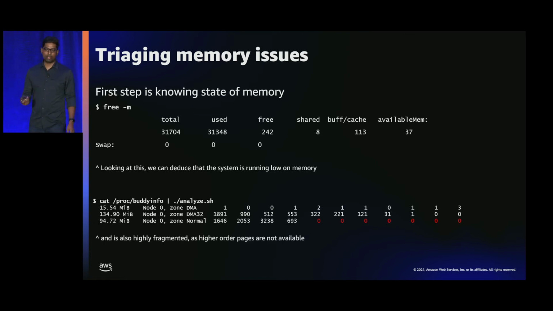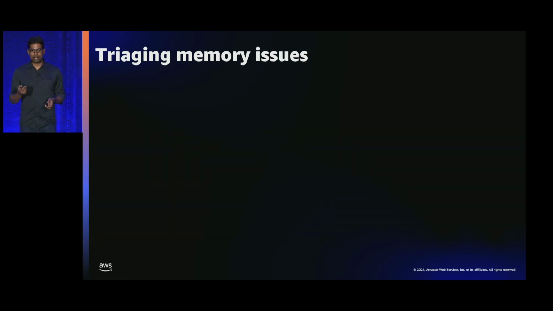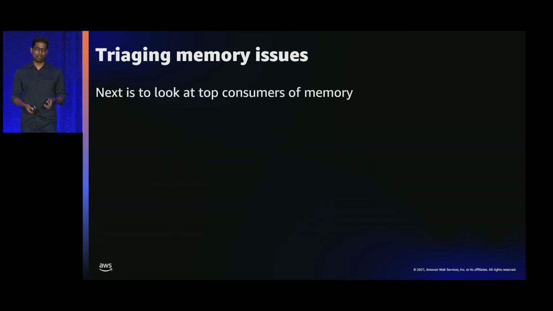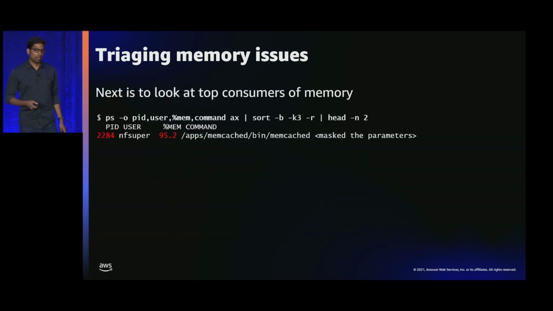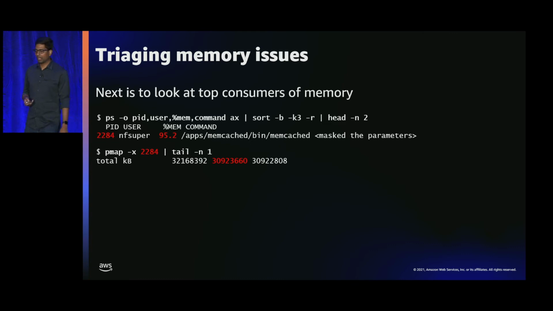Then we went a little deeper. Who is consuming this much memory? If you remember the slide where I talked about the ideal amount of memory to give to Memcached, we said to aim for about 90%. That was not actually happening on this particular machine when we looked at the top memory contenders. Memcached itself was taking up 95% of the total RAM on this instance.